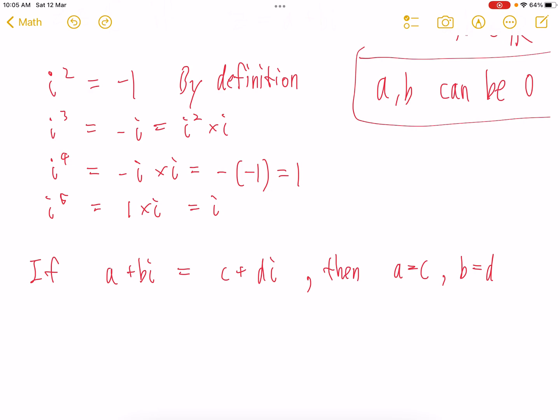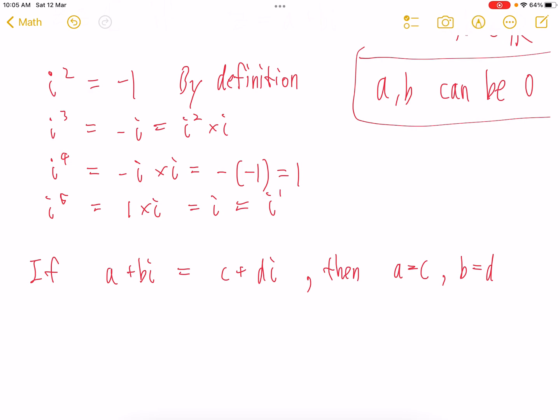And i to the 5th power is i to the 4th power times i. So i to the 4th power is just 1, so 1 times i is i, and you cycled back on itself again. So i to the 5th power is i to the 1st power, which is i.